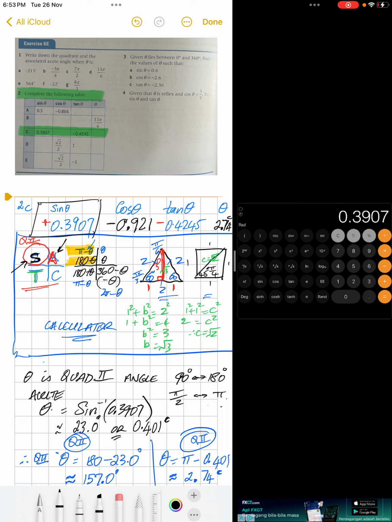We get this in degrees. Inverse sine, we got 22.99. That's the acute angle. Let's get the cos of that, and we get 0.9205. Yep, 0.921 is good. Good to go.